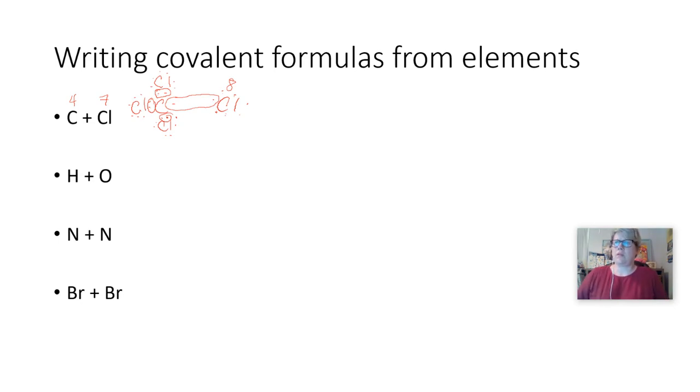And so what that's going to look like, you typically write the one with a lower electronegativity first. So if carbon is a lower electronegativity, if you need a refresher on electronegativity, our electronegativity trend is it increases up and to the right. So the stuff that's over here on the top right, like fluorine, that's got the highest electronegativity.